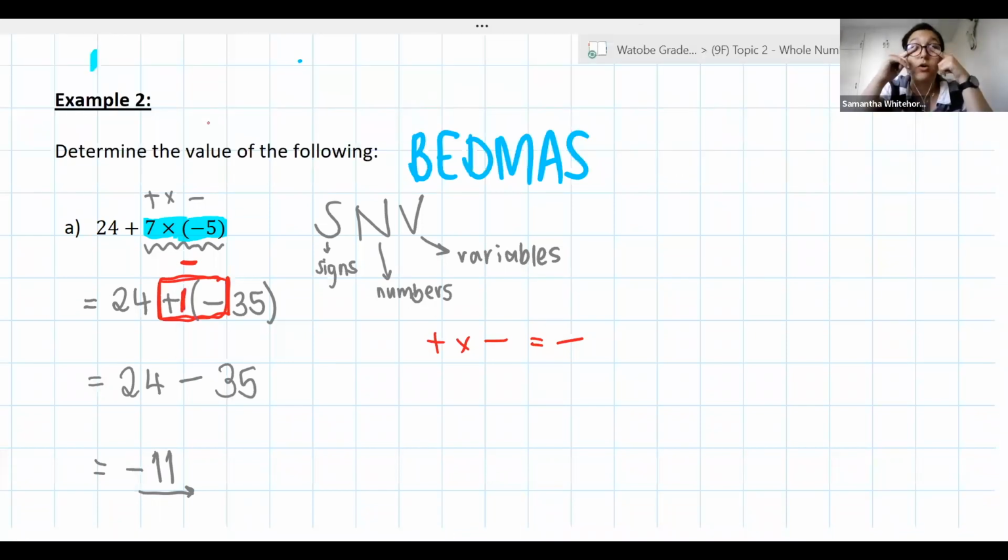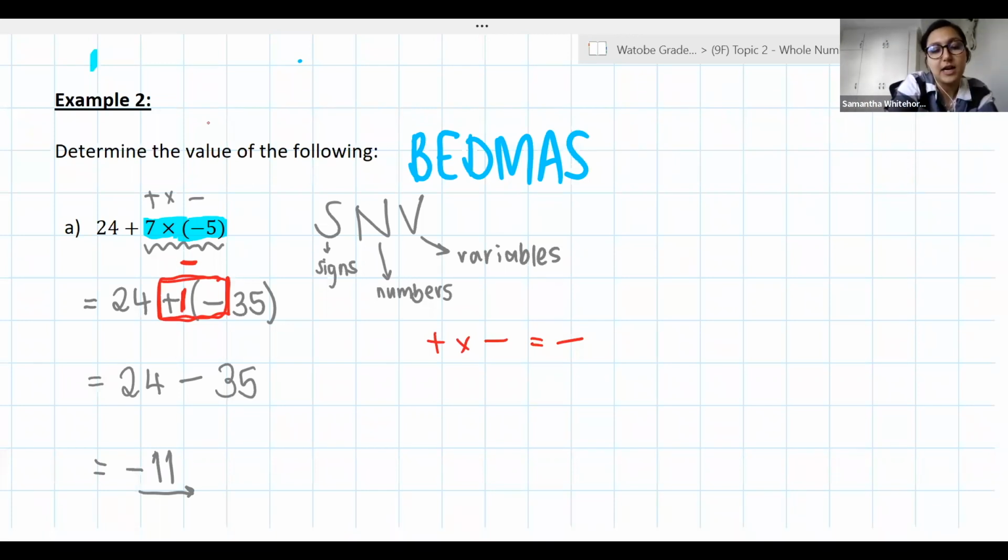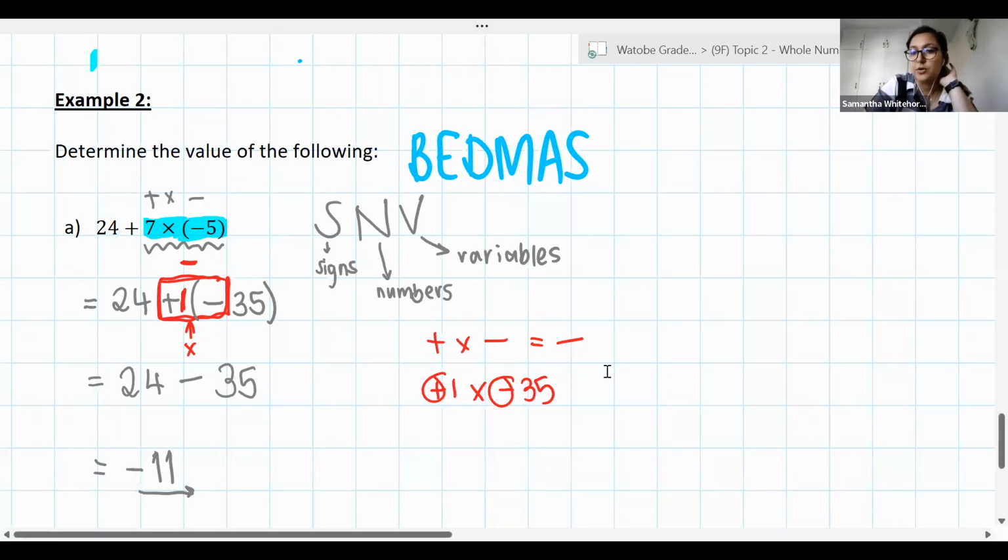We don't ever write the coefficient of 1 in, but it is there. And so what we actually have here, because remember between the positive 1 and the bracket is a times, is a +1 times a negative 35. And we know that a positive times a negative is a negative. And so we need to make sure that our sign is correct.